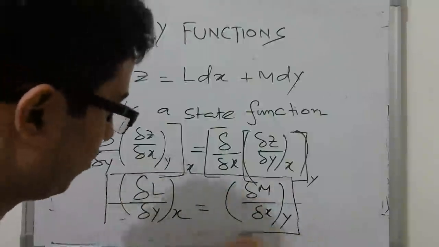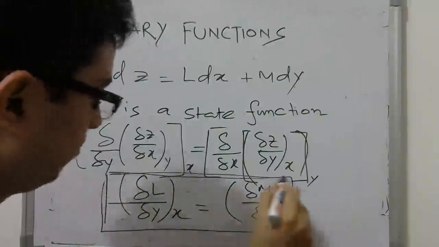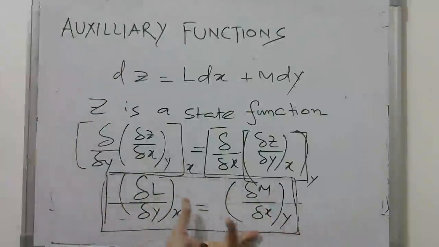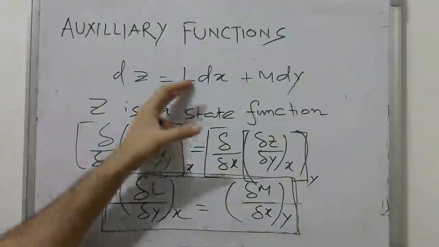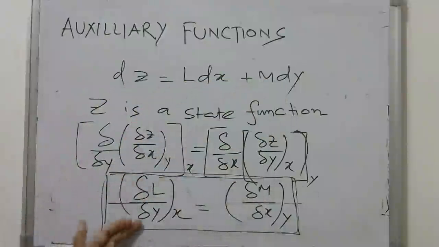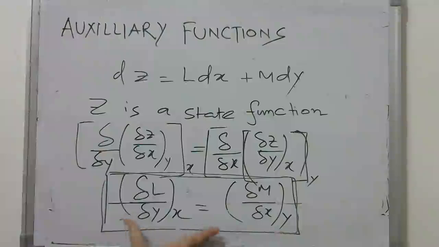This is a very important relationship to remember. So if dz is L dx plus M dy, then del L del y at constant x is equal to del M del x at constant y. You'll see how this is important for all the important thermodynamic relationships and functions.